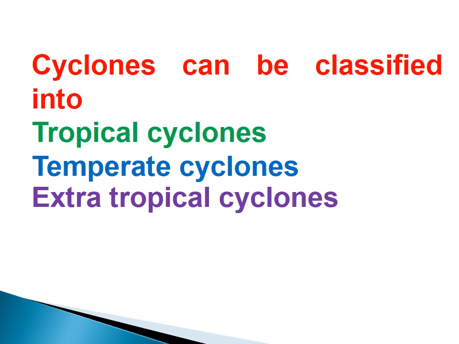They collect energy from temperature differences which are found in higher latitudes. Extratropical cyclones produce mild showers to heavy gales, thunderstorms, blizzards and tornadoes. All these happen due to the extratropical cyclones. Got it?